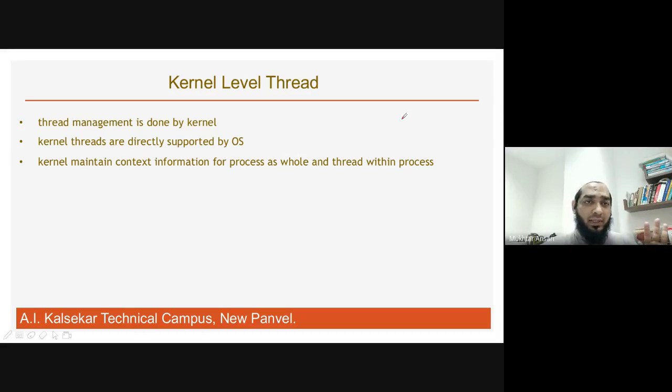So all the information related to it, as a whole, is the process as a whole, because when we talk about the process, it is considered as a whole. And when we talk about a particular thread, whose is it? Basically it belongs to a process. So basically we have a process, and for that we have multiple threads.